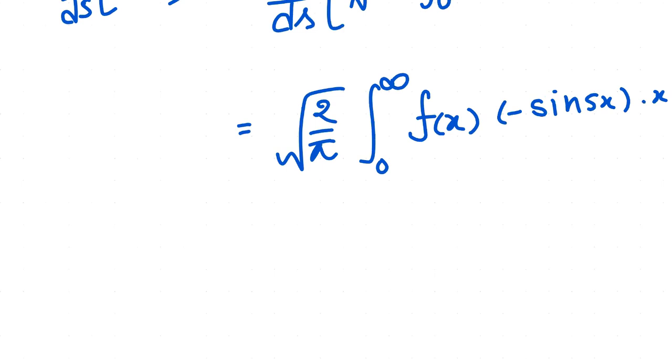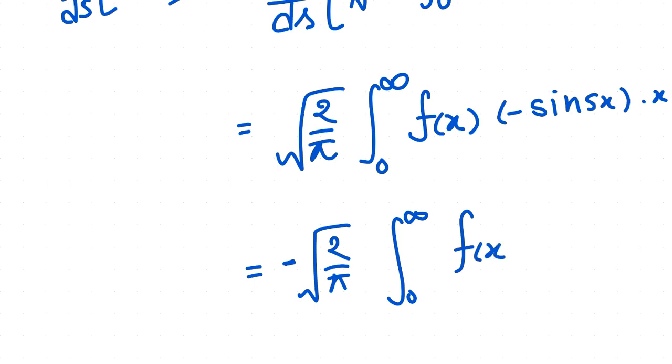Which is equal to square root of 2 over pi, with the negative sign, limit 0 to infinity fx, and we have x here also, dx.